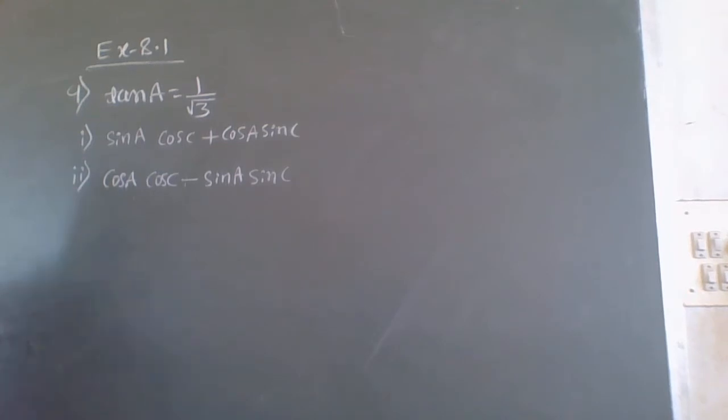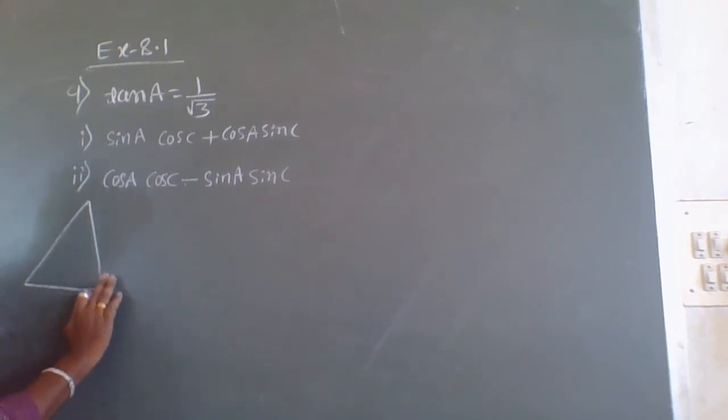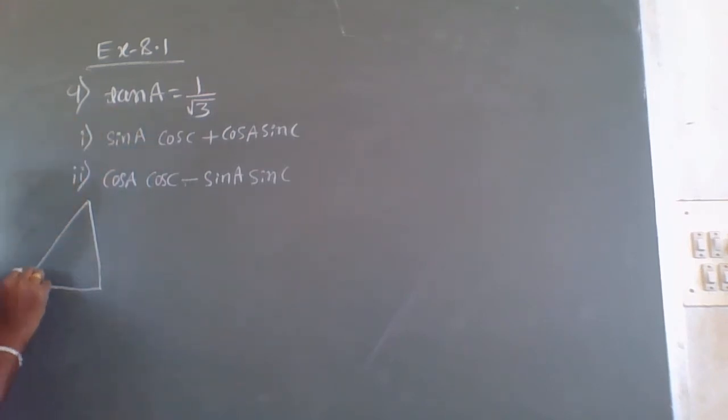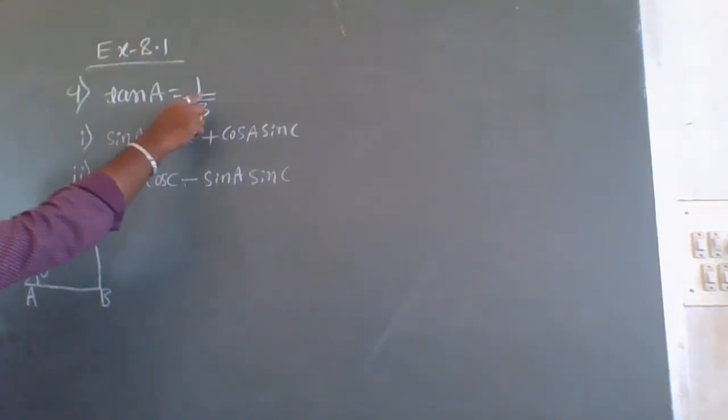So first we will consider one triangle. Here, a right angle triangle. This trigonometric ratio is given with respect to A, so this A is referred to as theta, and this is point B, this is point C. Now B is 90 degree, and they have given tan A equals 1 by root 3.